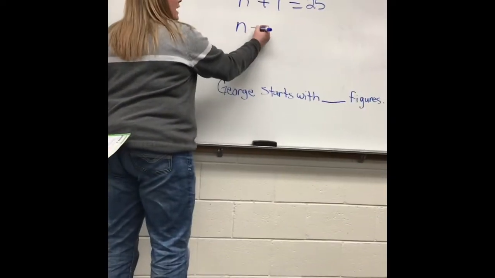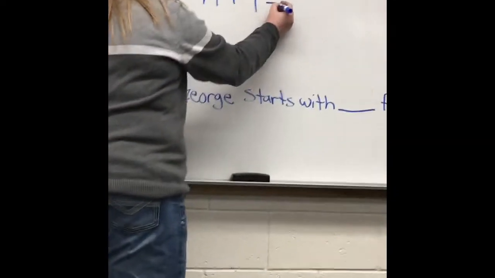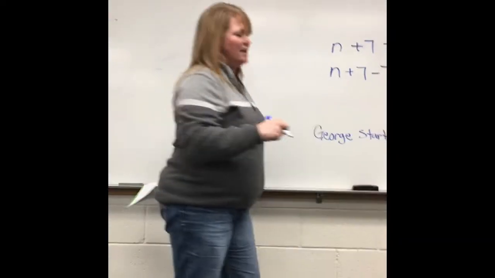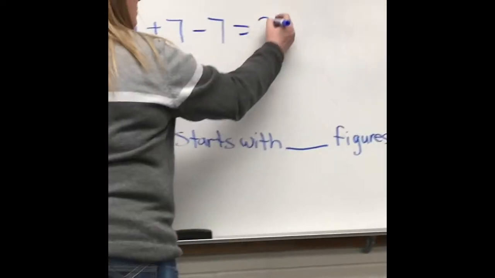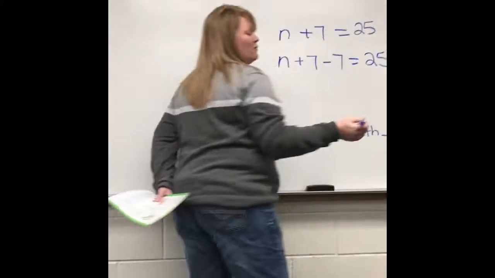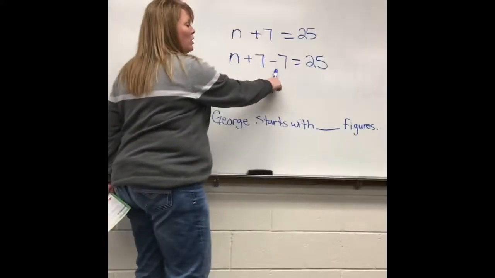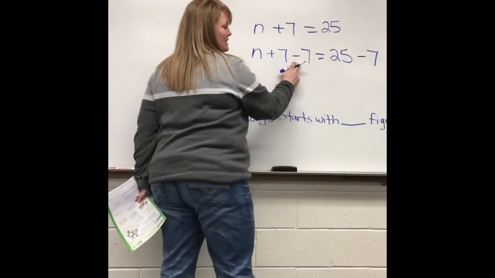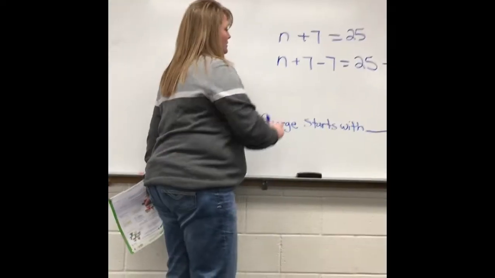So if I added 7 to one side, inverse relationship will undo adding that 7. But I know because of my property of equality, what I do to one side, I have to do to the other side. Minus 7, minus 7.